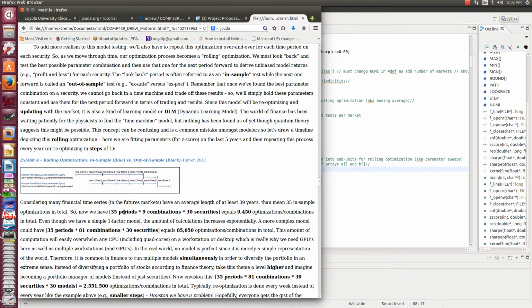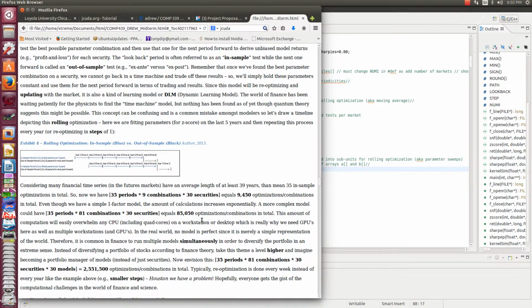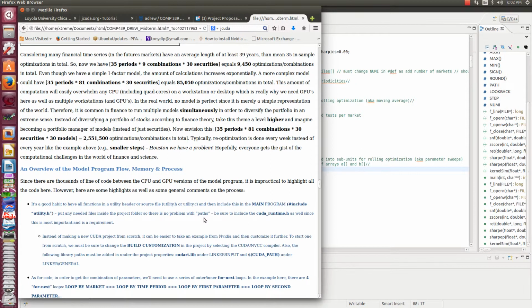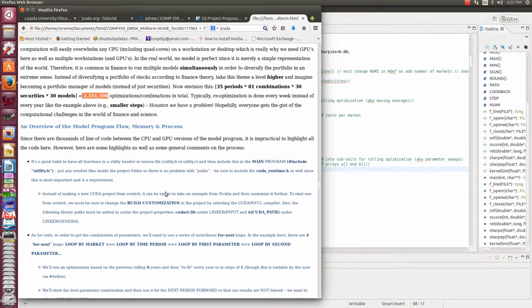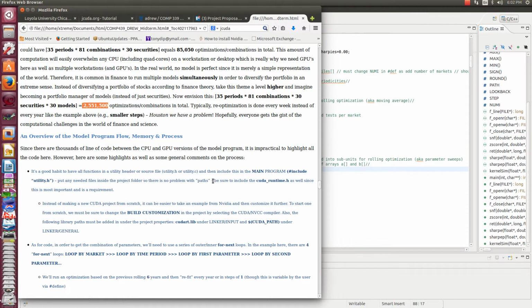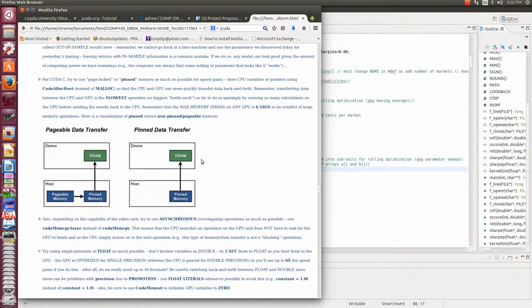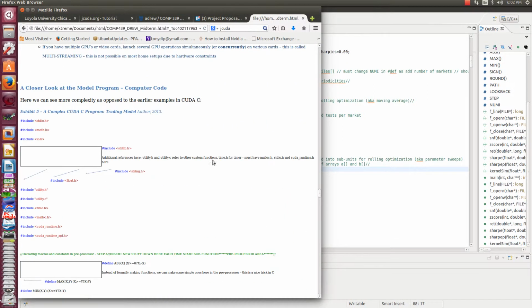So it's just a sample of a rolling in sample versus out of sample test. Again, that's in the document. Yeah, and you can see even in a simple model, we already have 2.5 million optimizations to run. That's just one model. Nothing is perfect in life, so in the real world there will be hundreds of models being traded simultaneously. So that's really where this kind of computational problem starts hitting the wall.